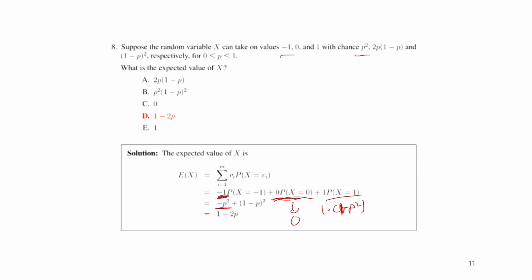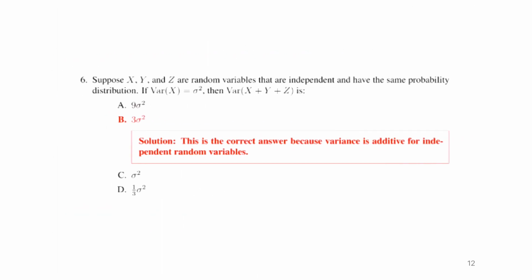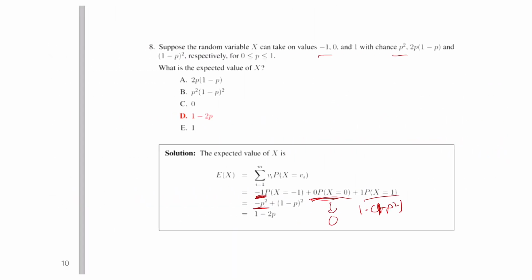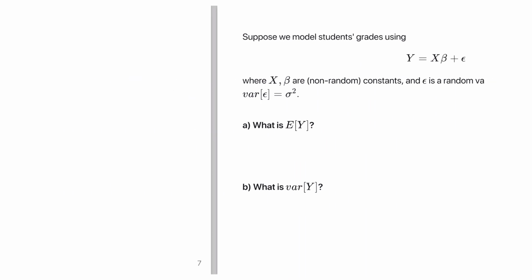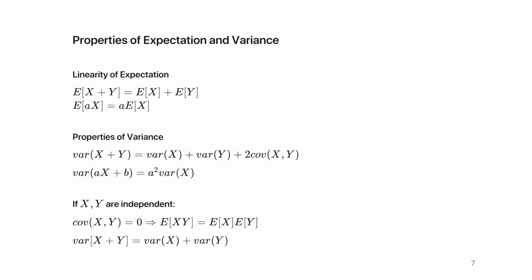Okay. So for the next one, we're given three independent random variables, and we're given the variance is sigma squared, and they have the same probability distribution, so that means they all have the same variance. Recalling the property from this slide, if they're independent, then the variance is the sum.